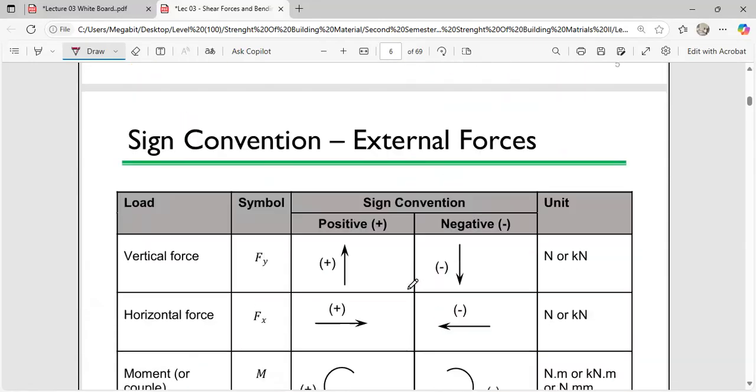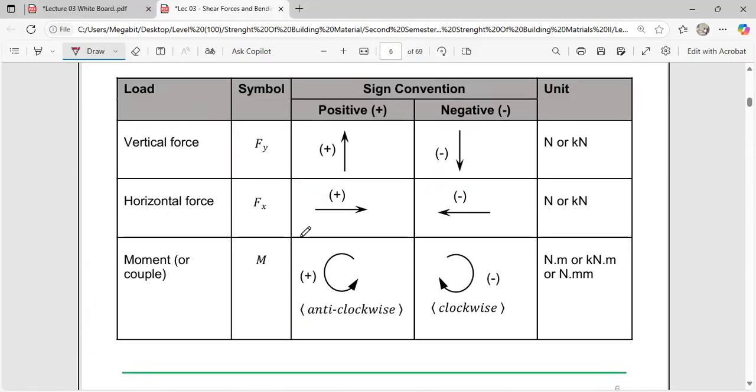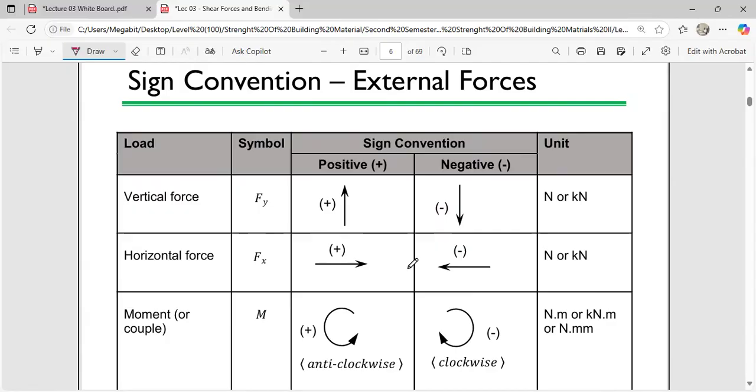So this is a tabular summary of all what we just spoke about. We said that vertical forces, or let's say force at Y, the ones moving upwards are always positive, and the ones moving downwards are always negative.